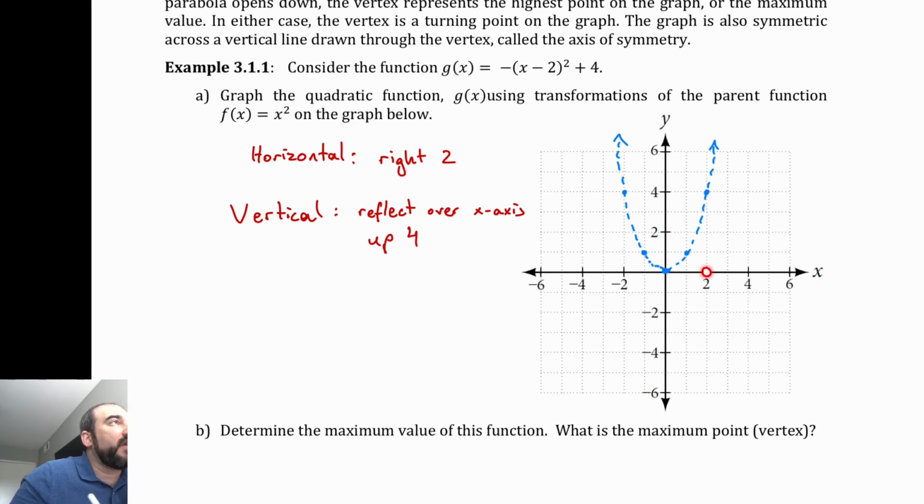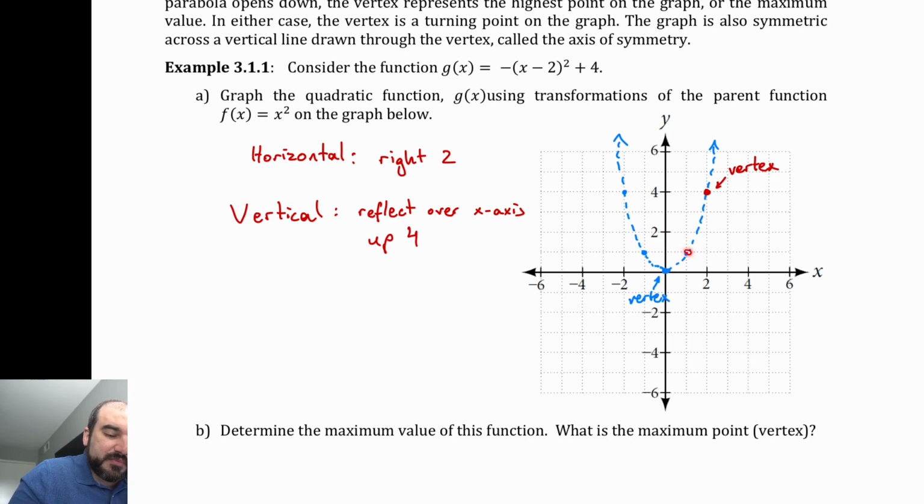If I reflect over the x-axis, it doesn't go anywhere because it's on the x-axis, and then I shift it up 4. This first point 0, 0 is going to end up here, and that's actually going to be my vertex, the highest point on the graph. So this will be my new vertex.